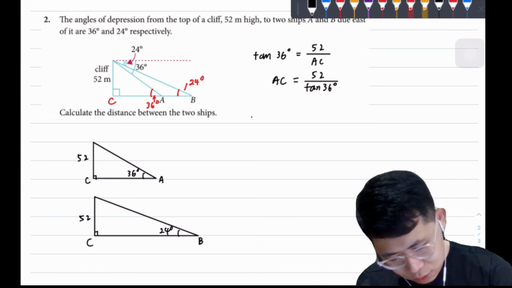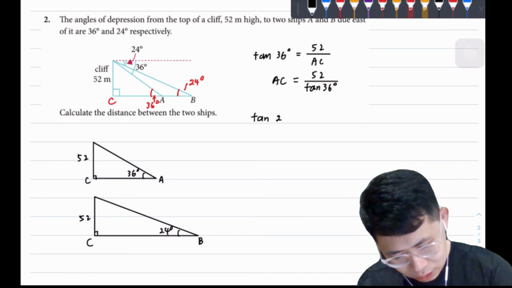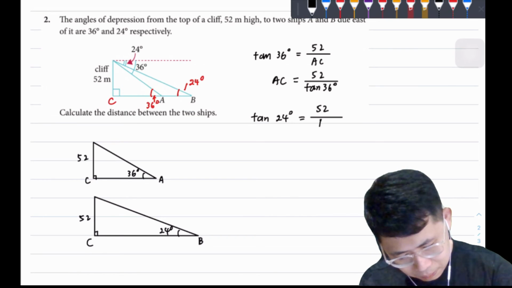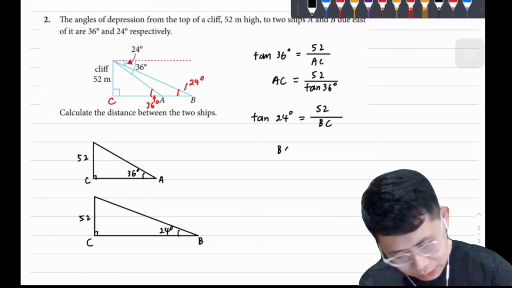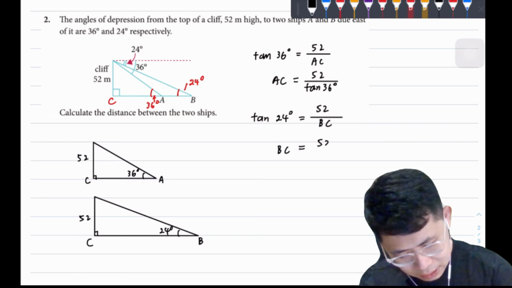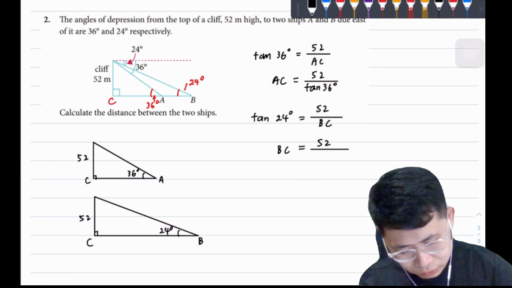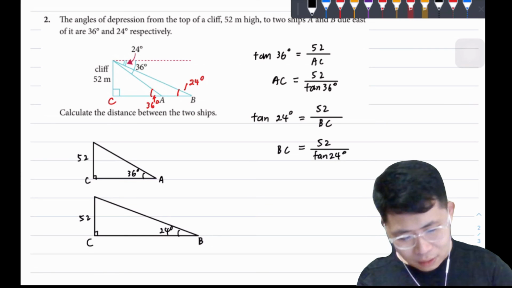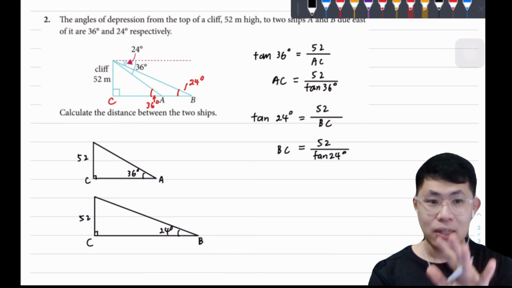Next one over here is tangent 24. Tangent 24 would be equal to 52 as well, divided by BC. So we reshuffle the position of BC. I'm going to have 52 over tangent of 24, and this would be BC, and I'm going to leave it there.